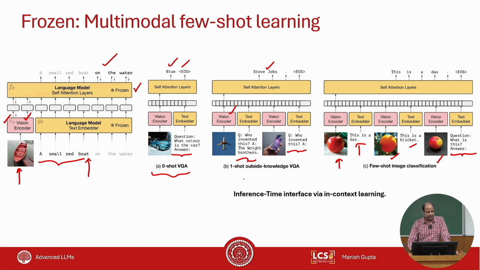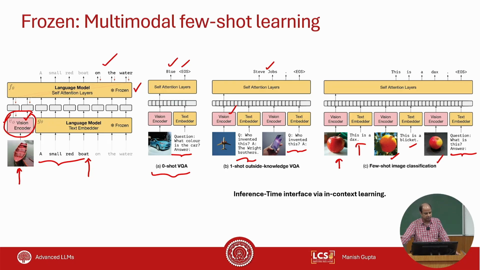In hindsight, if you think about it, why do you want to update the entire weights in the vision encoder? Could you just keep the vision encoder also frozen and probably just learn some sort of projector embeddings which project these vision model outputs to the same text space and make it work? But in the beginning, that's what people thought.